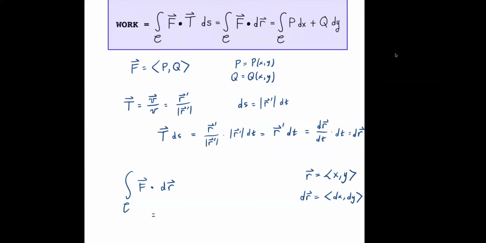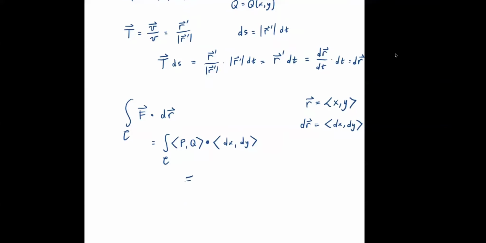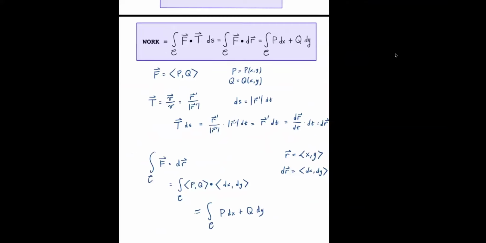Okay, so going back to our integral, if we put everything in terms of components, our vector field has components P and Q. And we're going to take the dot product with dr, which is dx, dy. And then just computing out the dot product, it's a sum of two products. We have P times dx plus Q times dy. And so that's what gives us this last expression for the work.